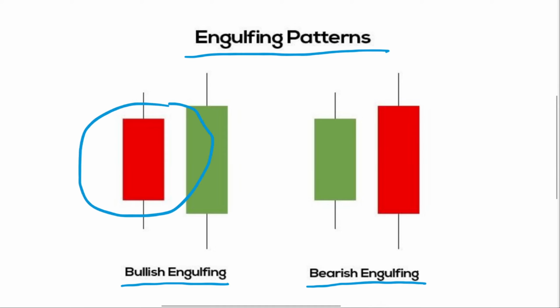First, we have a red candle, followed by a green candle. In some trading programs, the red candle is black and the green one is white, but the most common is red and green. The criteria that has to be met in order for it to be a bullish engulfing pattern is that the first candle, as we said, is a red one, and the second candle is a green one.